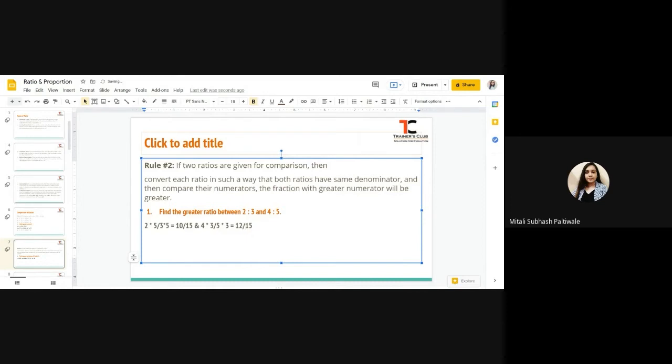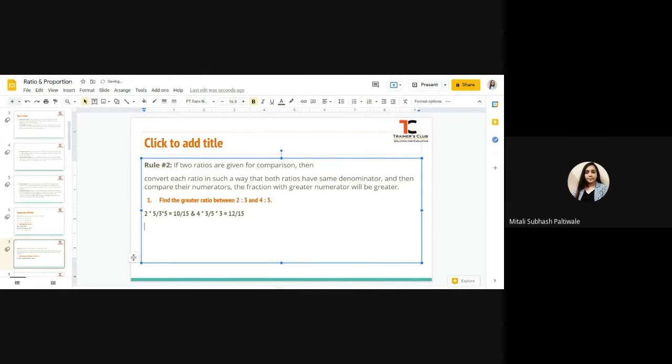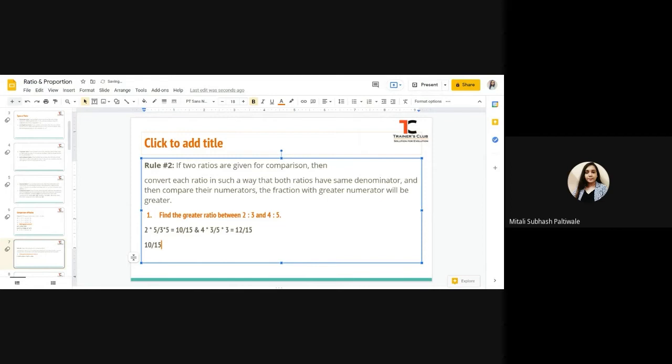So now, look at these. We have got 10 by 15 and 12 by 15. Now, if we are comparing them, then we have to equalize them. So now look at this. 12 by 15 is a bit greater than this. As in, 12 is greater than 10, so this ratio, that is 12 by 15, is greater.